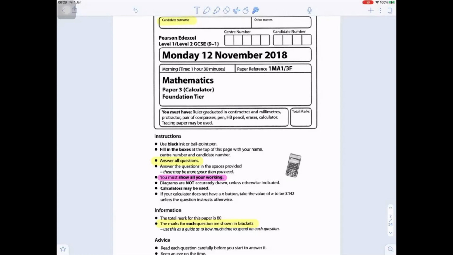So 1.5 hours is 90 minutes and you have 80 marks. So 80 divided by 90 gives you a rough idea of how long to spend to get a mark. But look, keep your eye on the time. It's 80 marks for 1.5 hours.